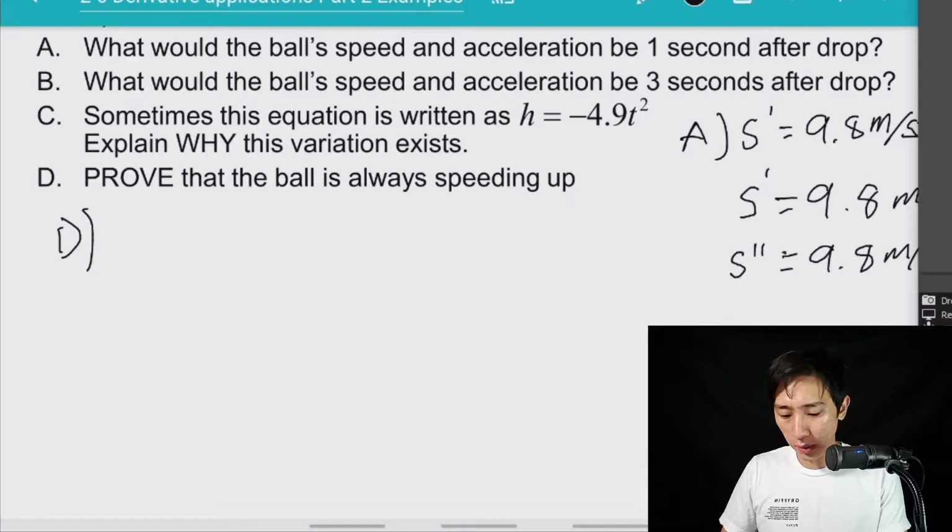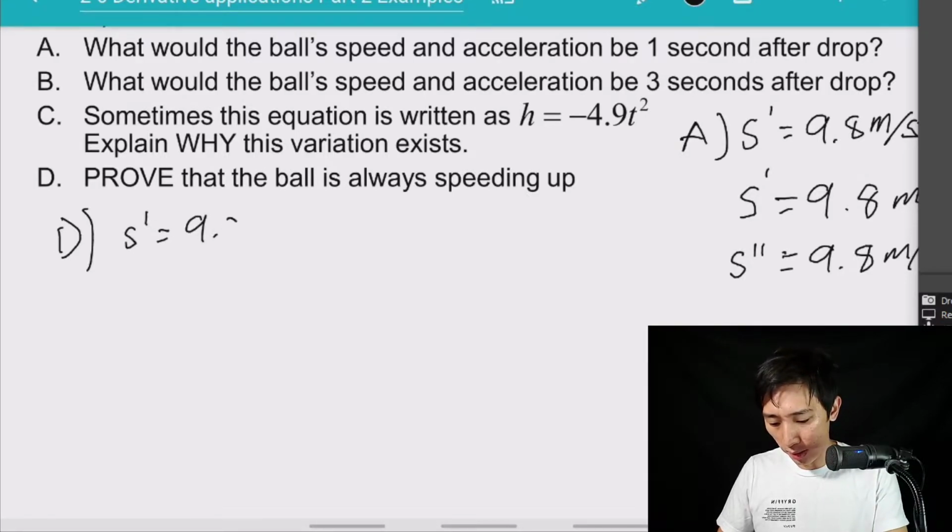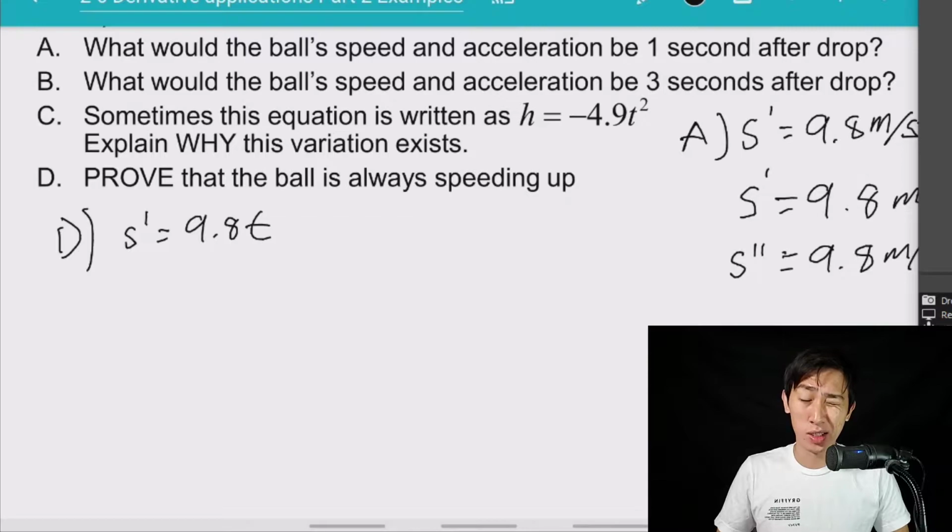Basically what we're going to do is say S prime is equal to 9.8 meters per second squared times t. We're going to leave the units out just to make this a little neater for now. You are allowed to do that when you're working with these general equations and not working with it contextually necessarily. So it's S prime equals 9.8 t.